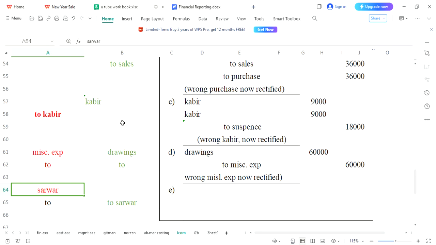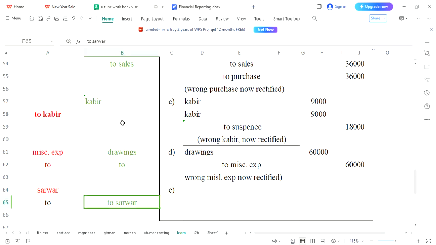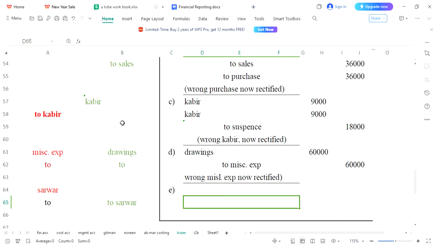How would it be corrected? Simple, green would be written on the same side. So you will write Server on credit. By mistake we have posted Server on debit side. To remove it, we cannot delete it, we cannot erase it. So to cancel this effect, we will post it to the opposite side.